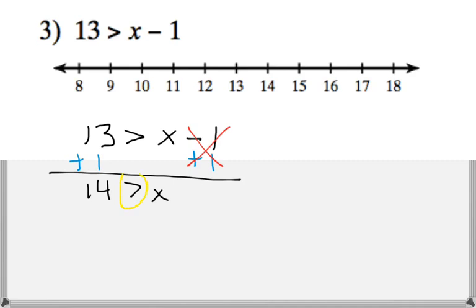We need to figure out open or closed circle. It does not have the or equal to, so it's going to be an open circle. If it helps you to look at it, you can write it as x is less than 14. So we need an open circle at 14. And we want everything that is less than that. So that's going to be everything going this way.